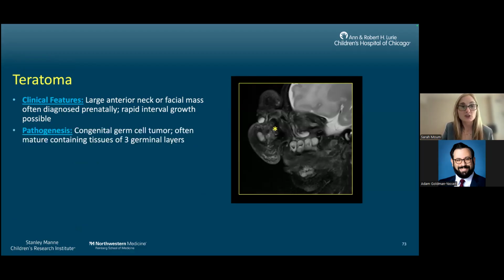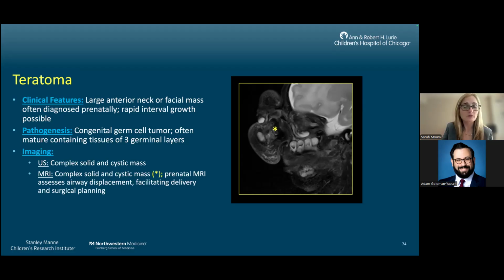These are congenital germ cell tumors. Often mature teratomas are the more common subtype, and as would be expected, they contain tissues of all three germinal layers. On imaging, by ultrasound, you'll see a complex cystic and solid mass.